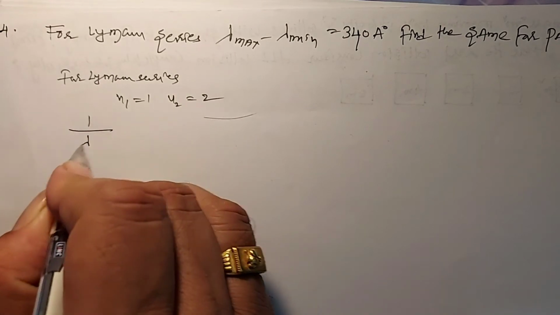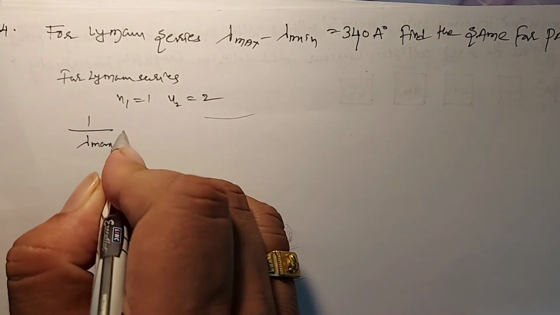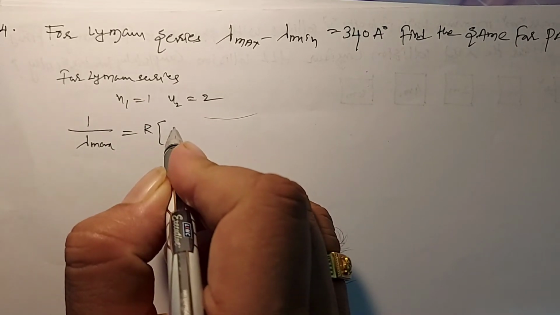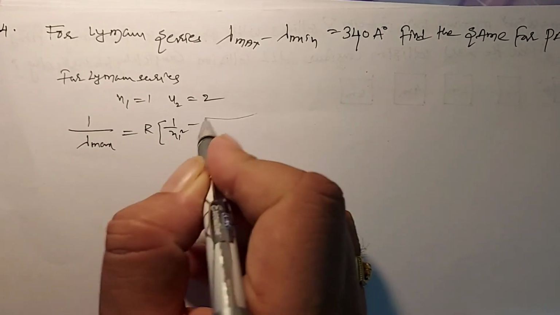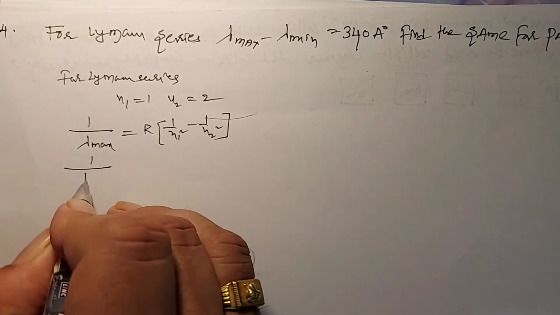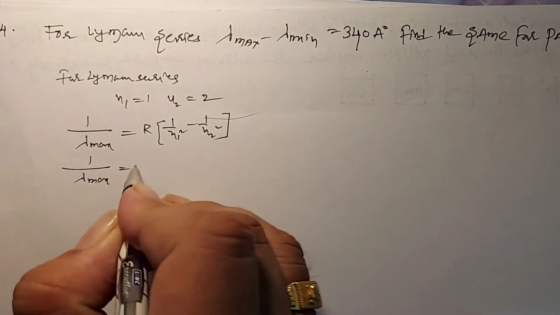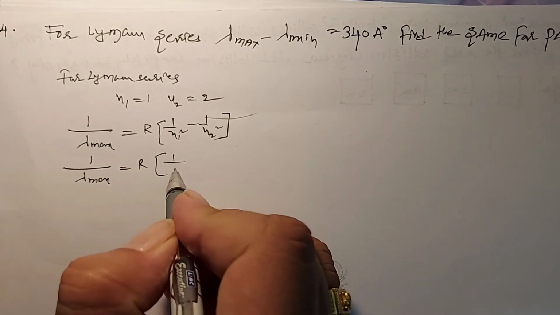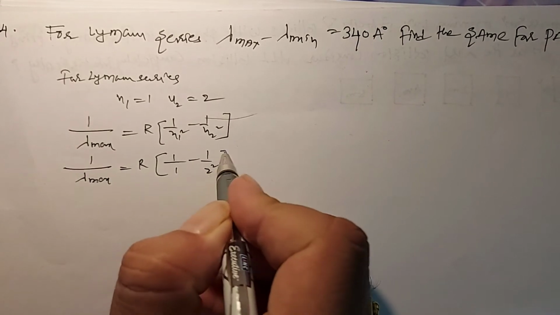So 1 by lambda maximum is equal to, we know that formula, R into 1 by n1 square minus 1 by n2 square. So 1 by lambda maximum is equal to R into, what is n1 here? n1 is equal to 1, minus 1 by 2 square.